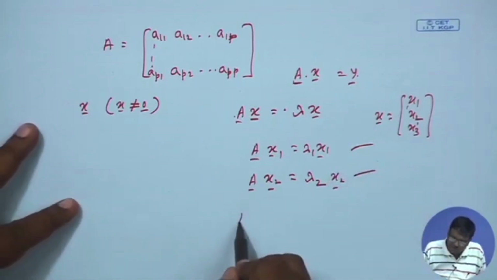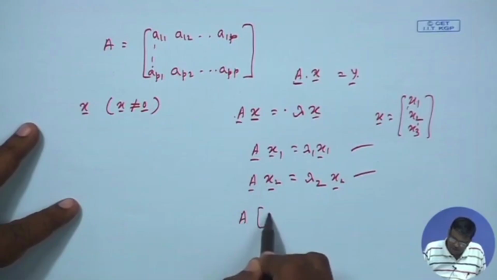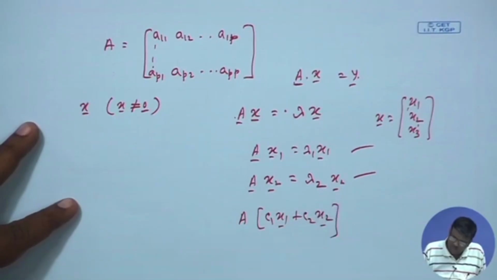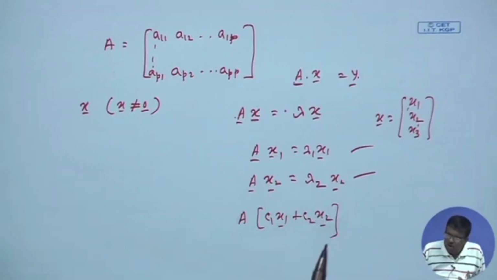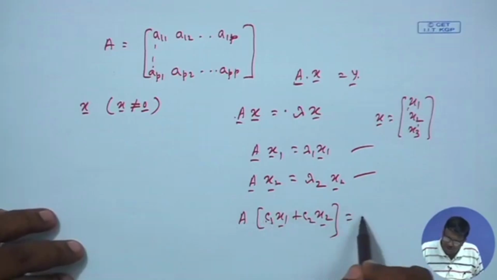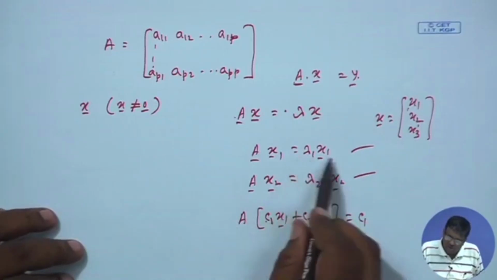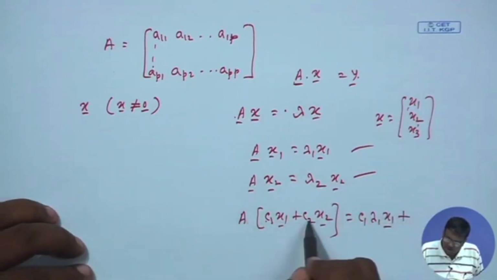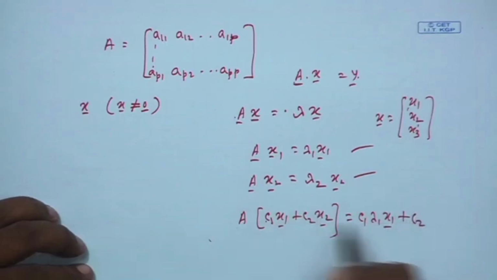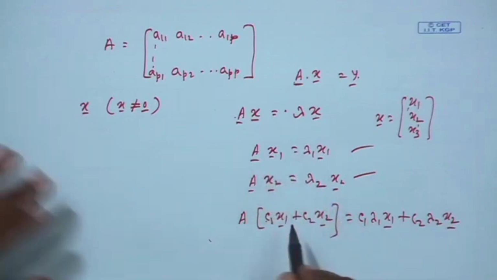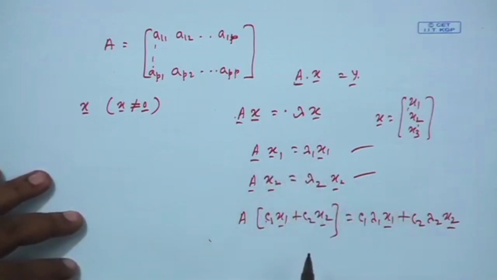Then if I give you neither x1 nor x2, but a linear combination, you can carry out this product from this knowledge, because A into C1 x1, C1 is a scalar, so C1 can go out, A x1, you know A x1 is lambda 1 x1, directly put from there, and A into C2 x2, C2 can go out, A x2 which is lambda 2 x2. So, just C1 times this, C2 times this, you do not have to recompute this if you know them. Okay.